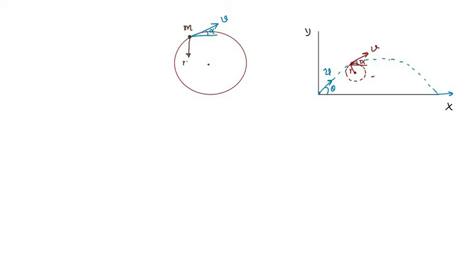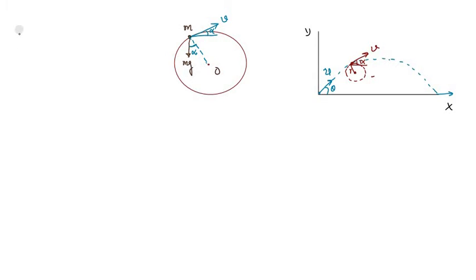So this is your mg. Okay, so if I draw a tangent from m to the center O, I'm drawing the tangent like this. So this line mg and this horizontal line make an angle 90 degrees. This radius and this velocity will also make an angle 90 degrees. So this angle will be your alpha.